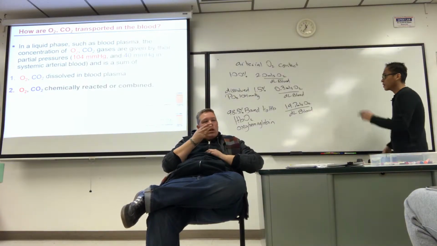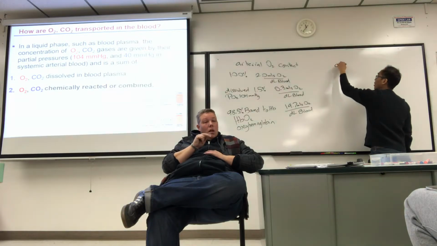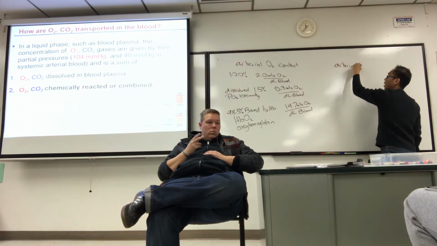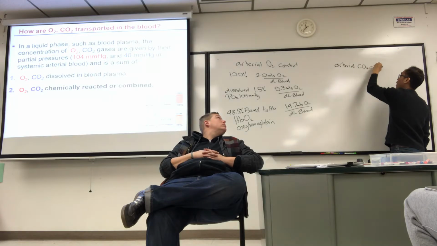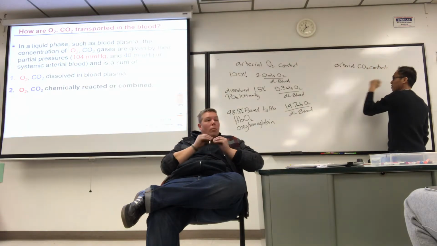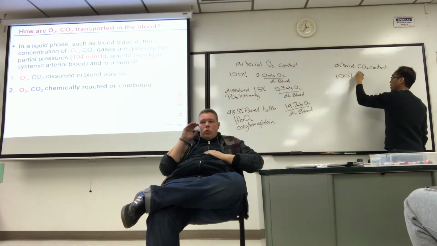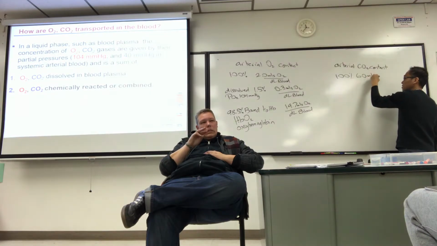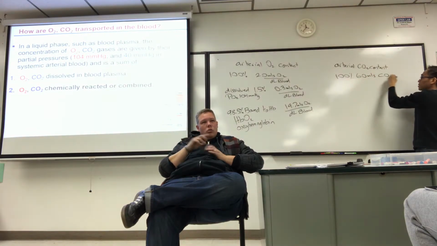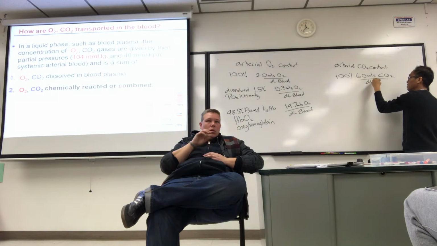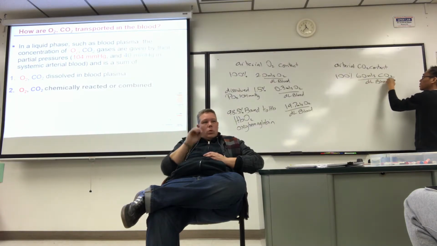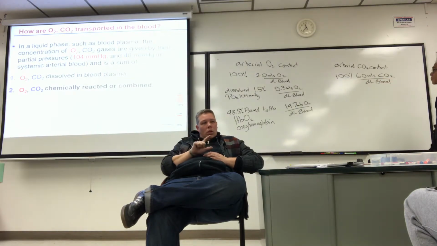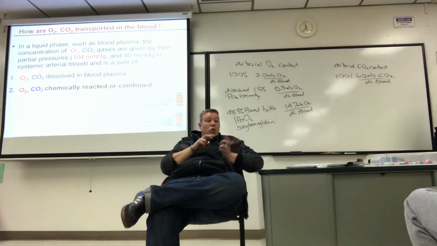And for the CO2, the numbers are different. 100% is about 60 mils CO2 per deciliter of blood. And it's transported in 3 different ways.